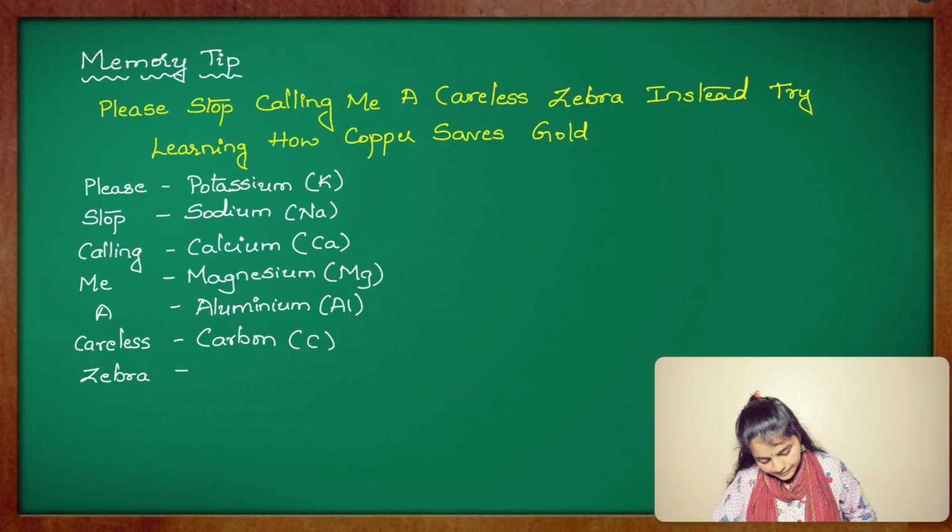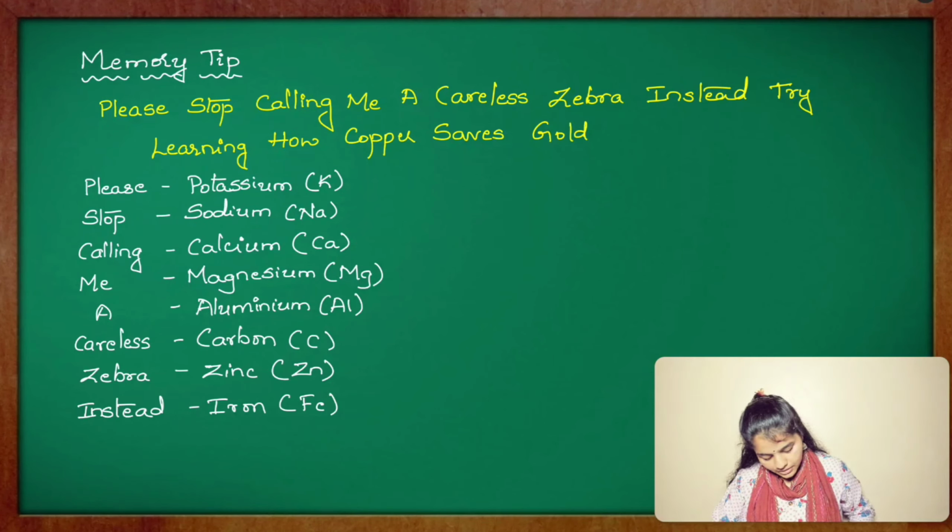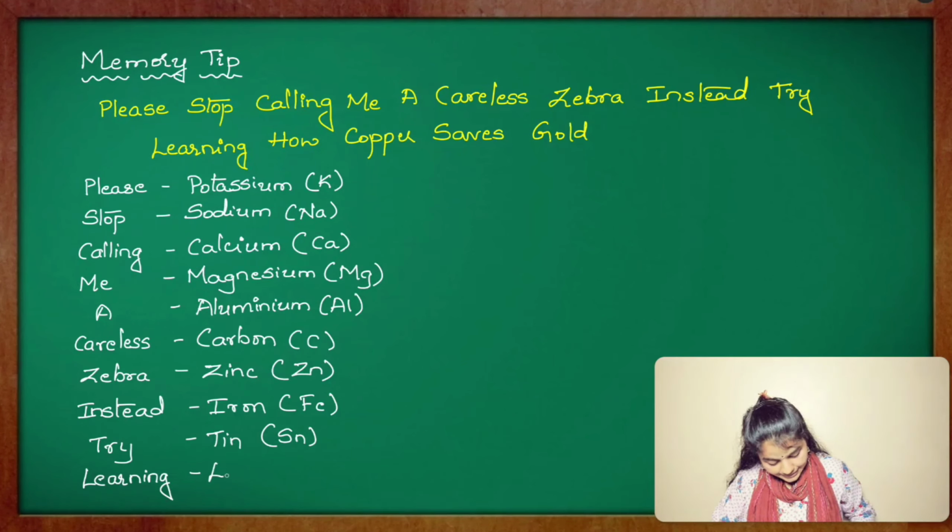Zinc symbol is Zn. Instead represents iron. Symbol is Fe. Then we have Try, which represents the metal tin, represented by the symbol Sn. Then we have learning, which represents lead. Its symbol is Pb.